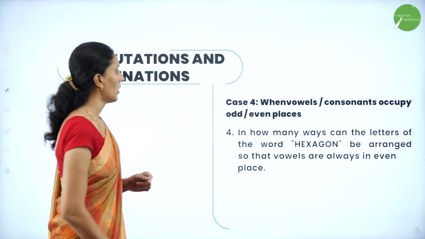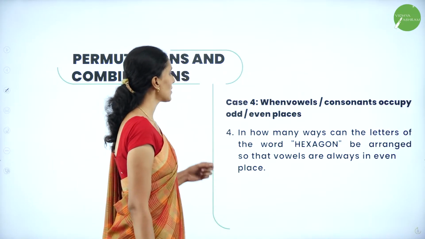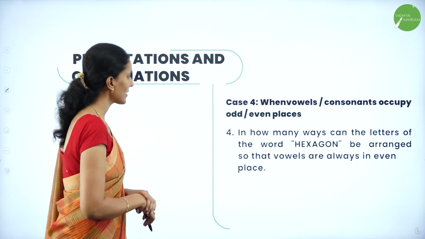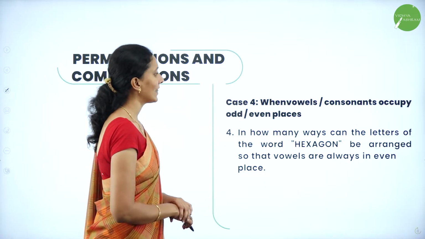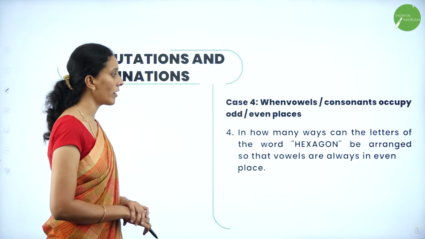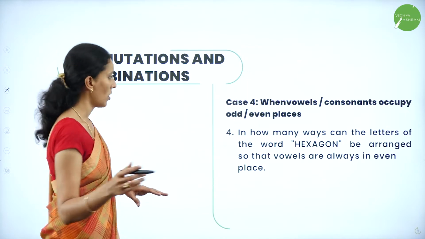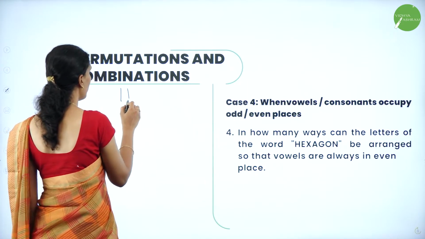Next question. When vowels or consonants occupy even or odd places. Okay, here I have taken an example. In how many ways can the letters of the word hexagon be arranged so that vowels are always in even places? What are the vowels we have in hexagon?